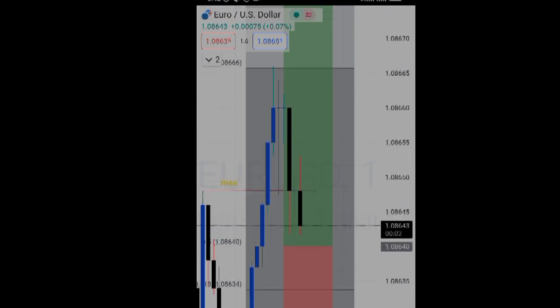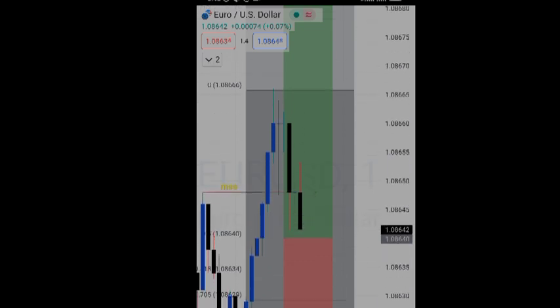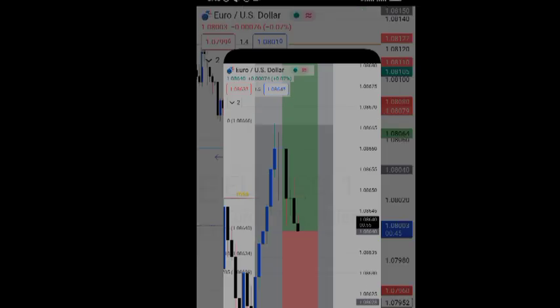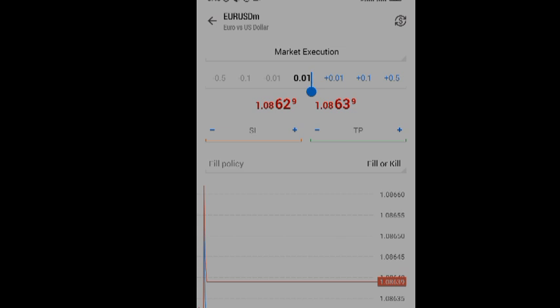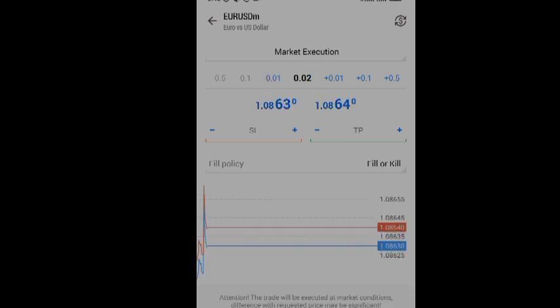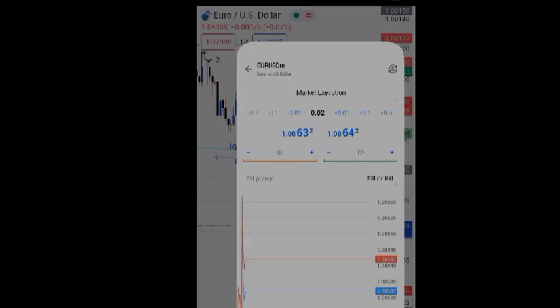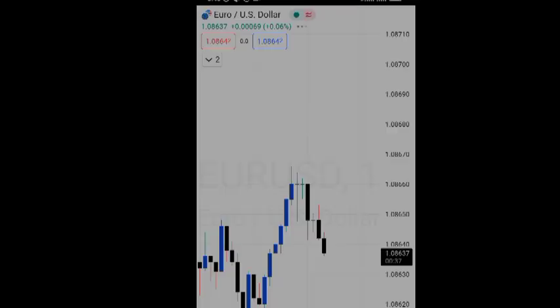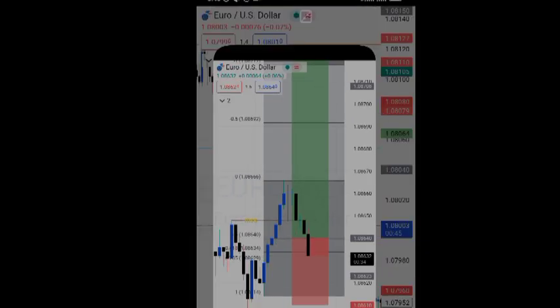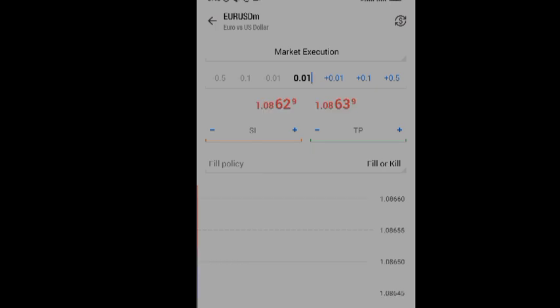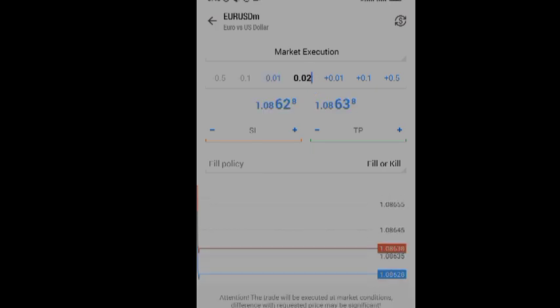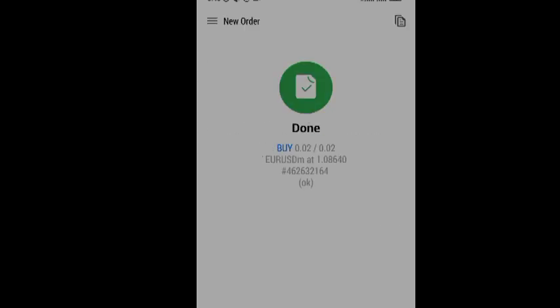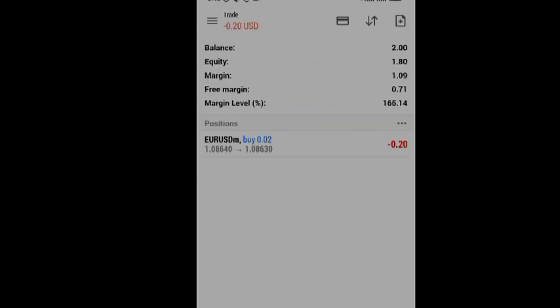This market is crazy. Oh, my internet. $1.08640.